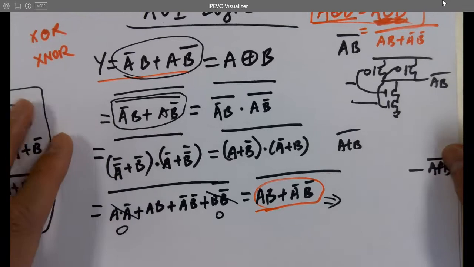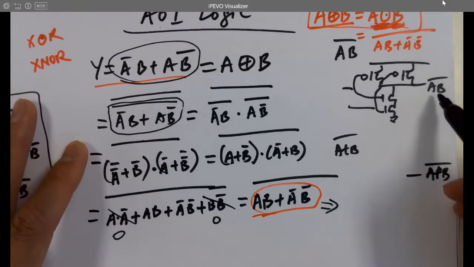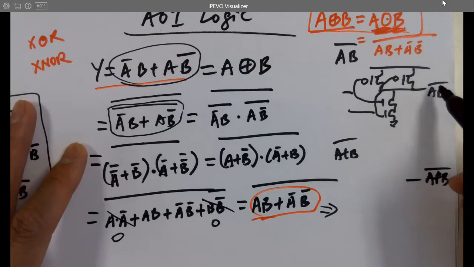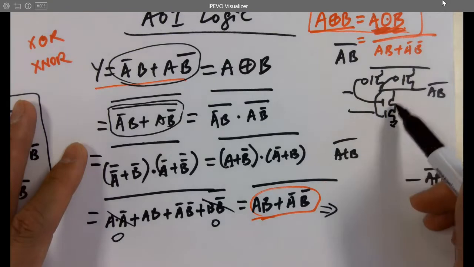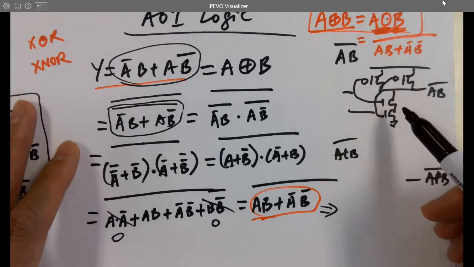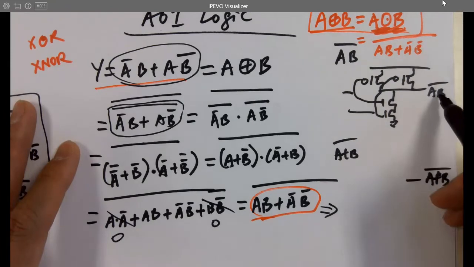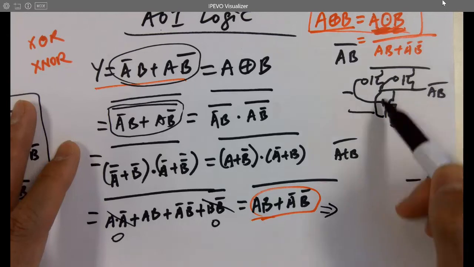Now let's take a look at it. When you have an AND logic underneath the bar, you need a parallel PMOS on the top and series NMOS at the bottom. You know what I mean? Keep in mind, whenever you have AND logic underneath the bar, you do this.